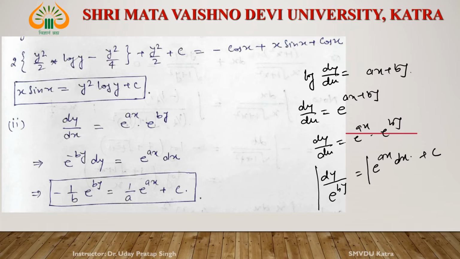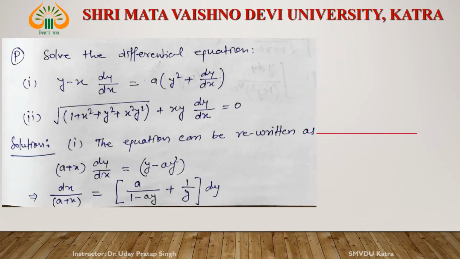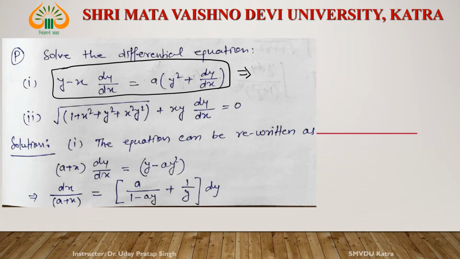Now come to the second. Find the solution of this equation. Okay. So rearrange the terms. Rearranging, y(1 minus ay) equal to (a plus x) dy by dx.